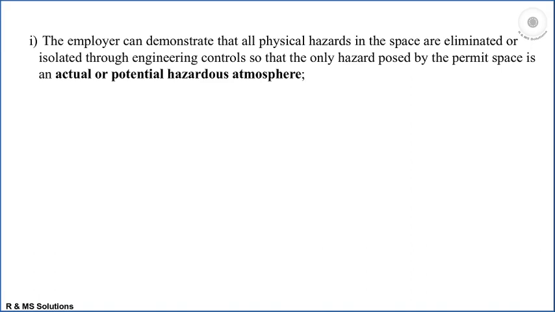However, if you can control that atmosphere with continuous forced air ventilation, then you could technically classify this as an alternate entry and proceed under these procedures. However, if there's any other danger that cannot be controlled, say an engulfment or a configuration or one of those wild card hazards like electrocution, high pressure, steam, high temperature, things of that nature, then it could no longer be an alternate entry. It would have to be upgraded to a full permit required confined space entry.